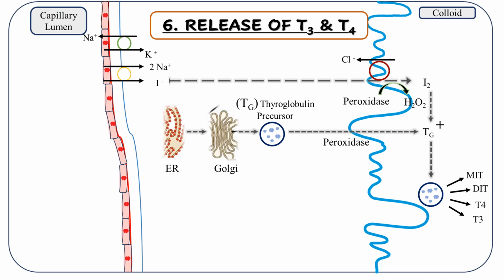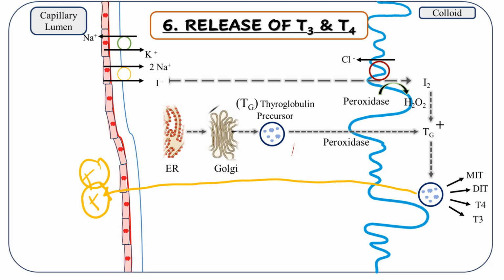So once these thyroid hormones are formed, they are still entrapped inside the thyroglobulin molecule, and we cannot excrete them directly into the blood. That cannot happen because they are entrapped inside the thyroglobulin molecule.